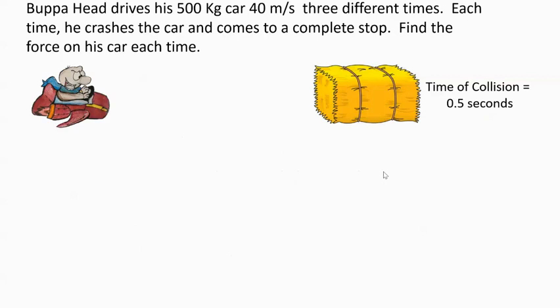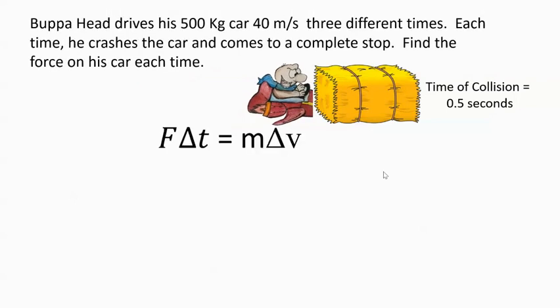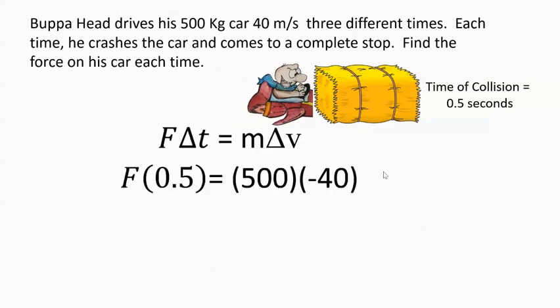Now, he's going to run into the bale of hay instead. Same mass, same change in velocity because he's still going from 40 meters per second down to 0. But when we put the numbers in, we're going to see something different. The right side of the equation is still the same as when he ran into the bricks. That hasn't changed.